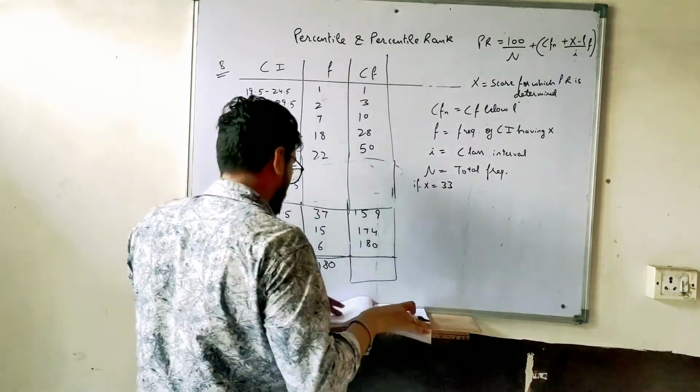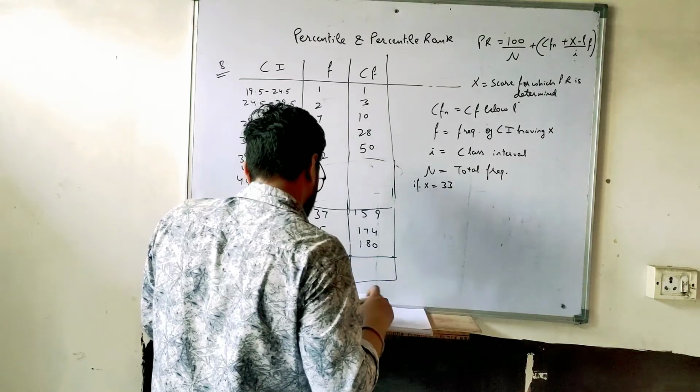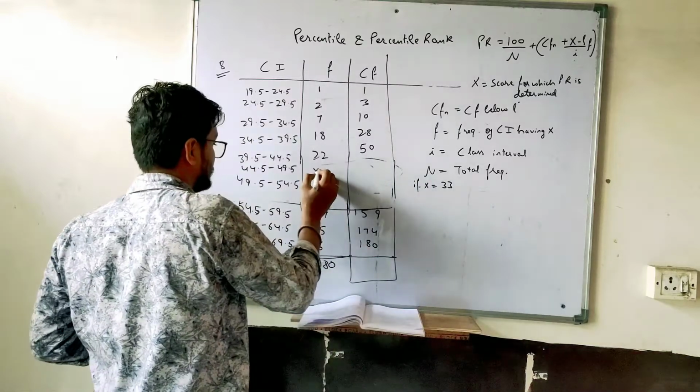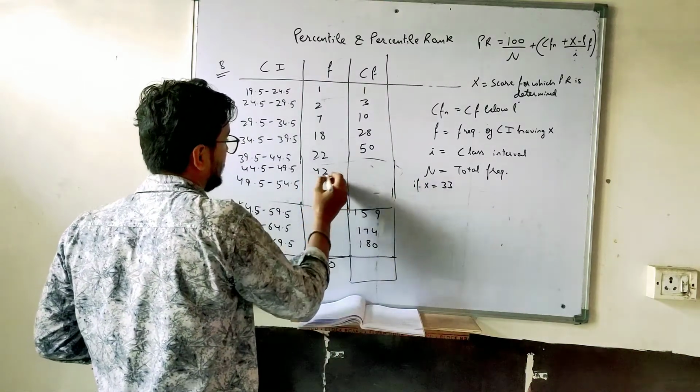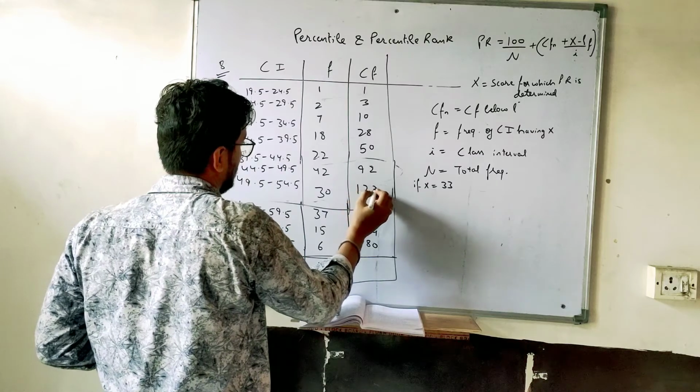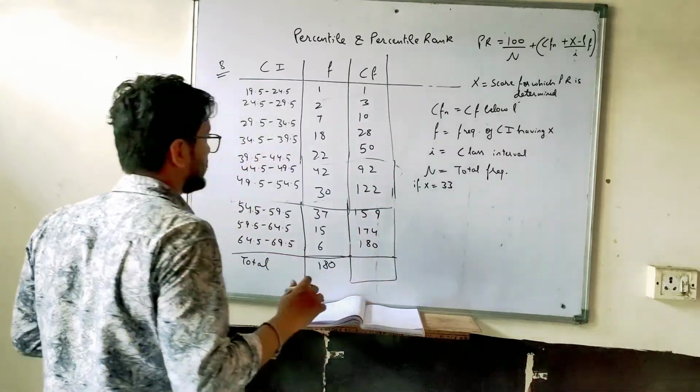So the data was, after 22 we have 42 and 30, 50 plus 42 is 92, 122. Okay, so now 33.